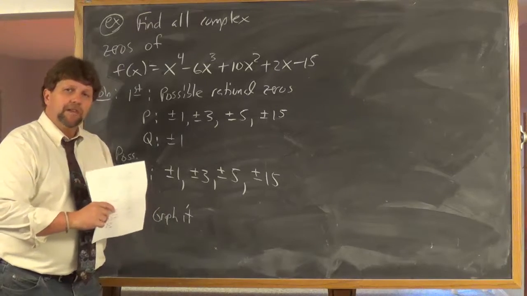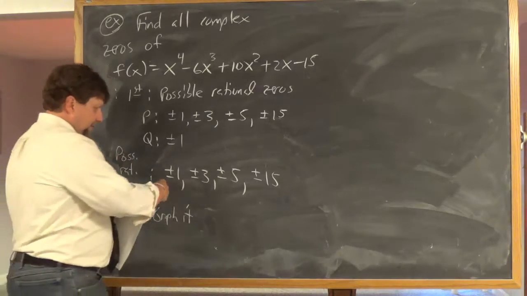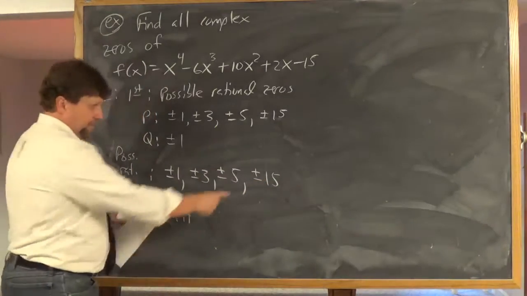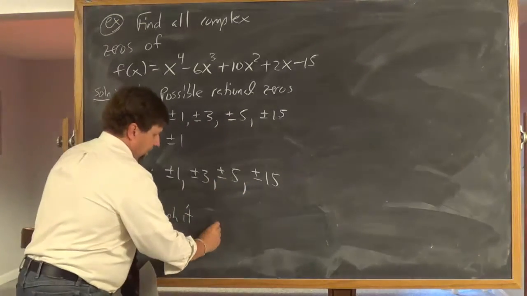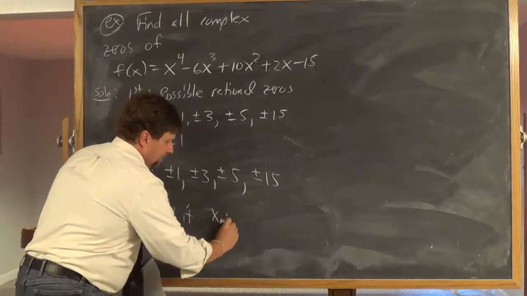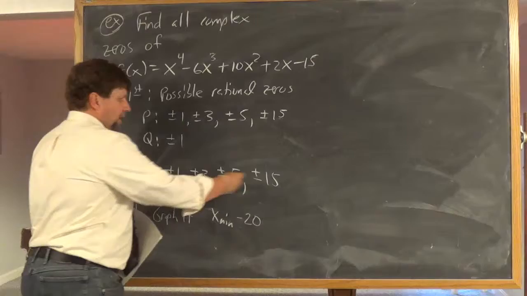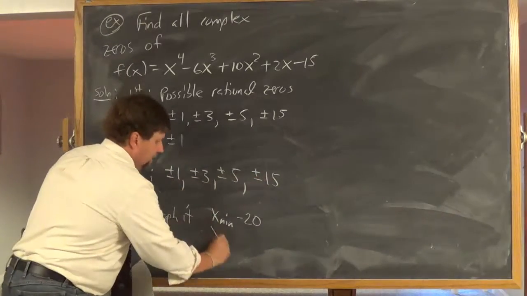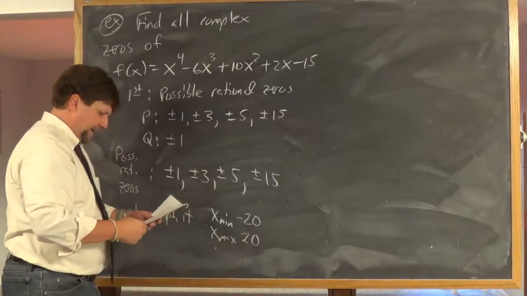It's going to tell me specifically what my x-min and my x-max should be. The smallest number I see here is negative 15. So I'll make my x-min negative 20. The largest number I see is 15. So I'll make my x-max positive 20.